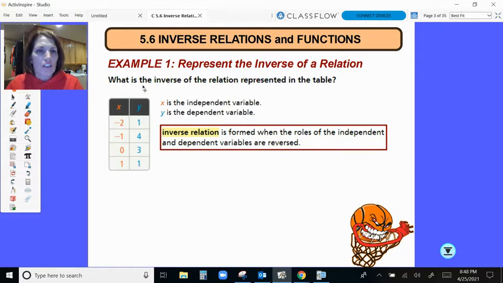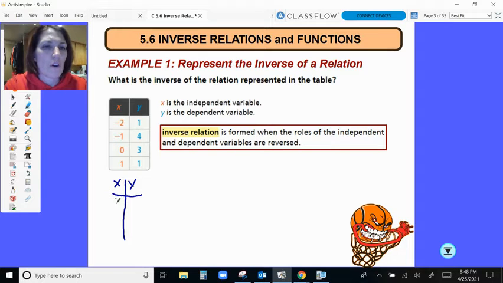All right, so what is the inverse relation represented in this table? If we take our x and our y here, x is my independent variable and my y depends on what x is. An inverse relation is formed when the roles of the independent and the dependent variables are reversed. So x and y just switch. My x becomes y and y becomes x. So in my inverse relation, I would just swap those two.